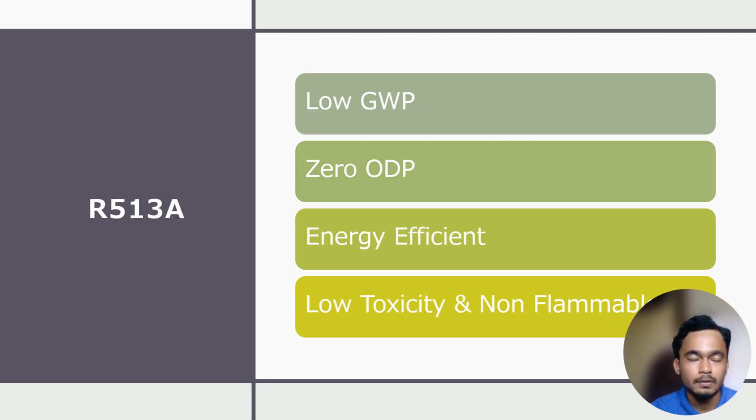So how does this high rate of heat transfer occur? It is related to the condensing and evaporating temperature of the refrigerant itself. Especially when a certain refrigerant has low condensing temperature and also low evaporating temperature, the parts in the chiller like the compressor won't be required to use a high amount of energy.